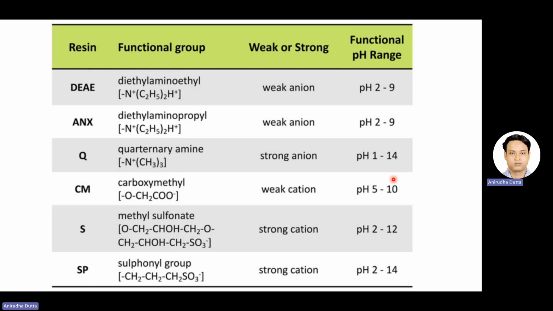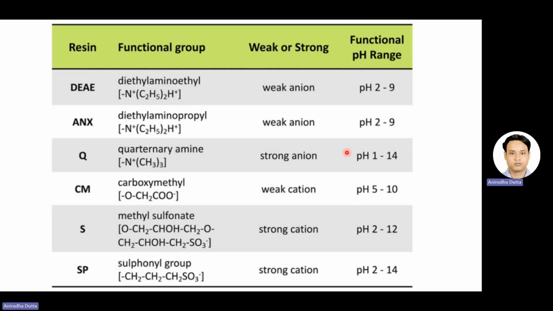If the protein has lower surface charge, then we are supposed to use a strong anion exchanger like a quaternary amine. Also, the range of pH at which these matrices work is a good parameter we should know before we choose a particular matrix.